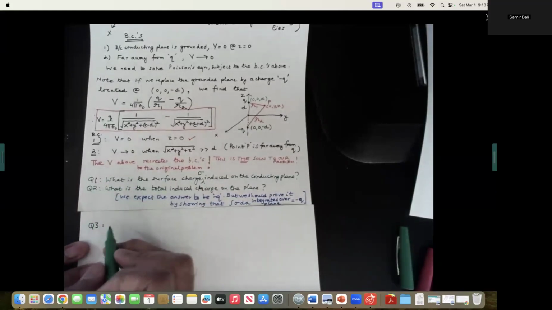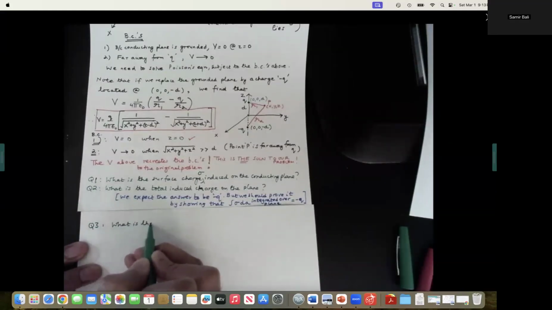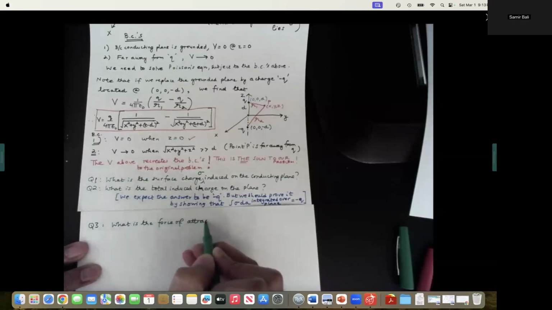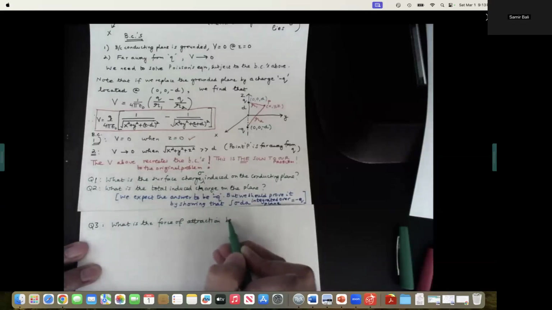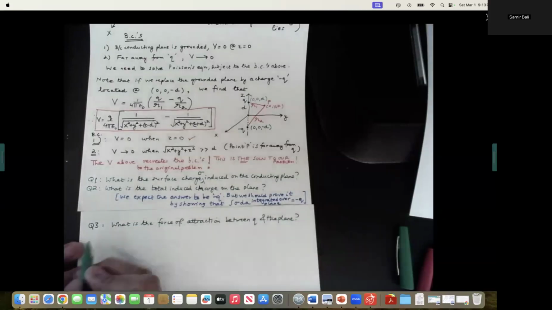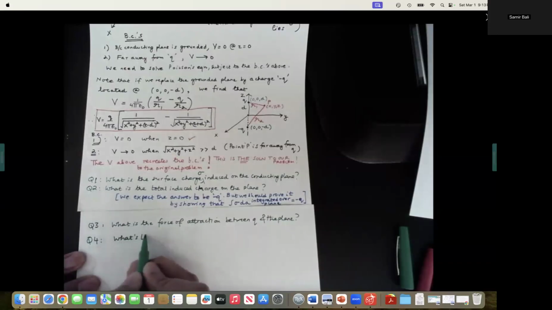Other questions are: what is the force of attraction between Q and the plane? And another question is, what's the energy stored in the system?